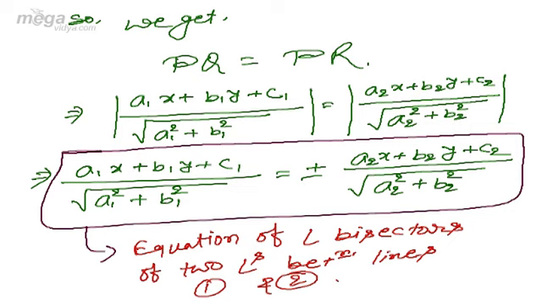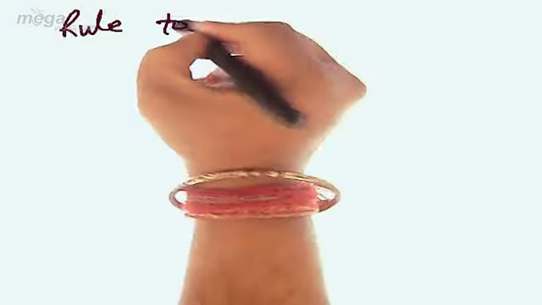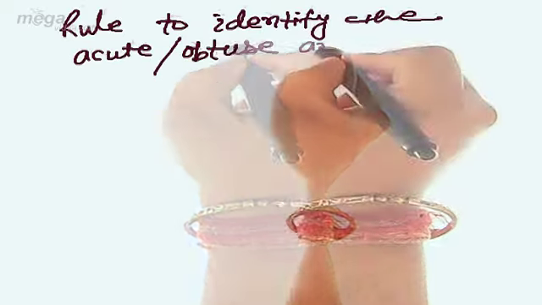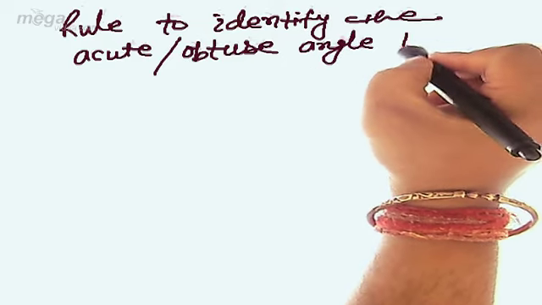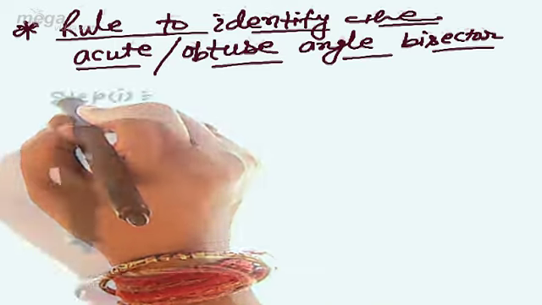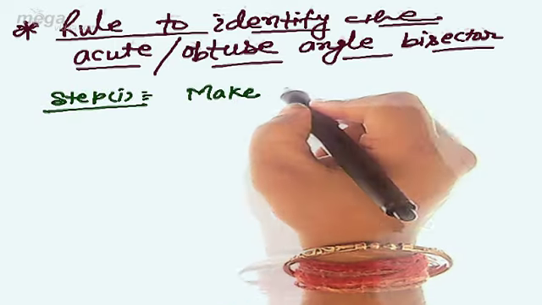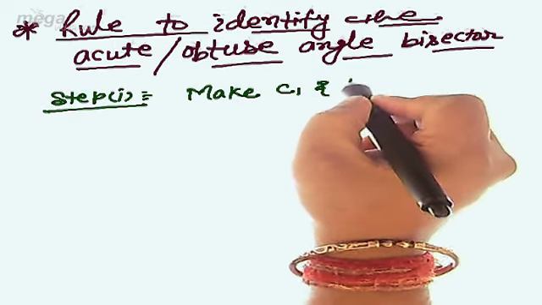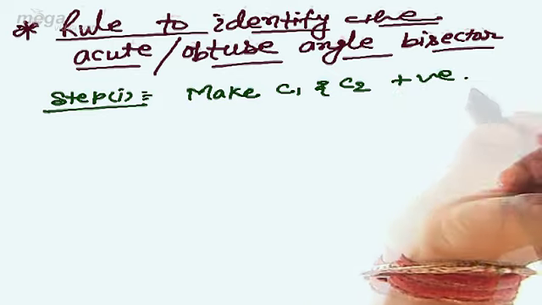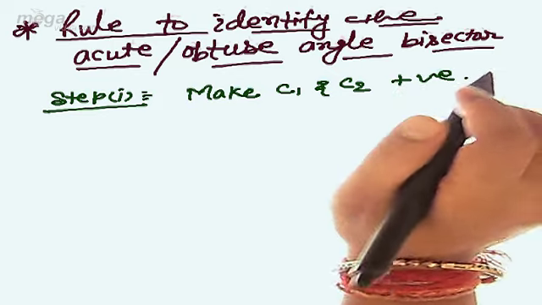To get this, I'm writing here the rule to identify the acute and obtuse angle bisectors. The first step is always to make C1 and C2 positive. If C1 and C2 are positive, then it's okay. Otherwise, make C1 and C2 positive.